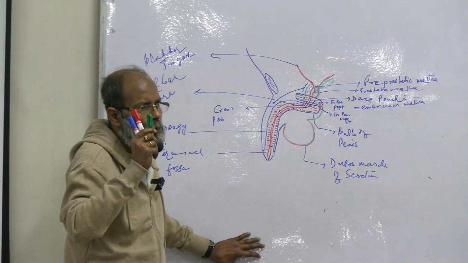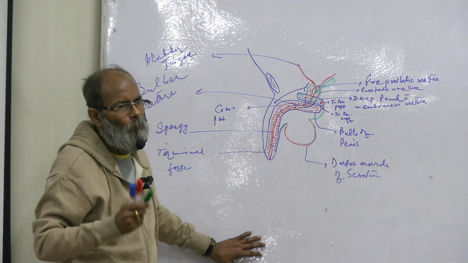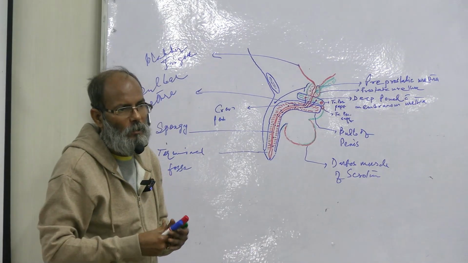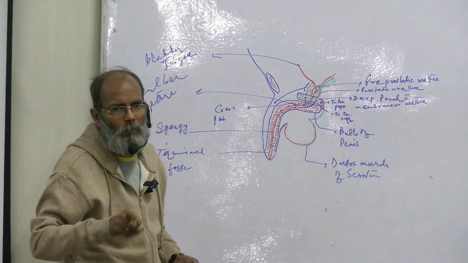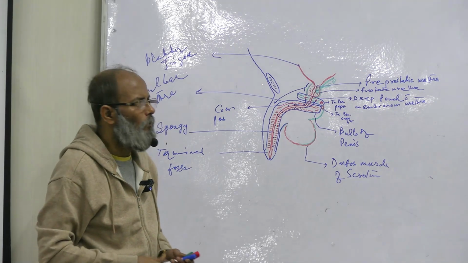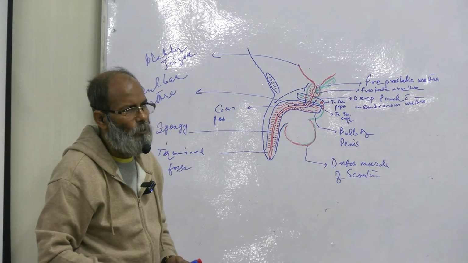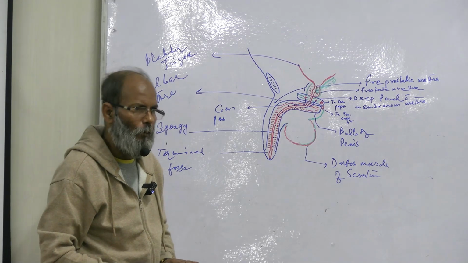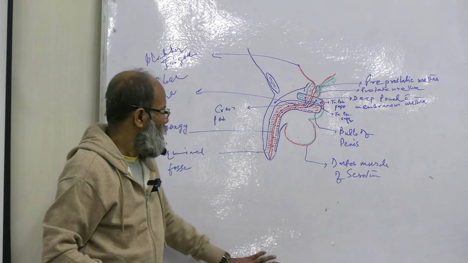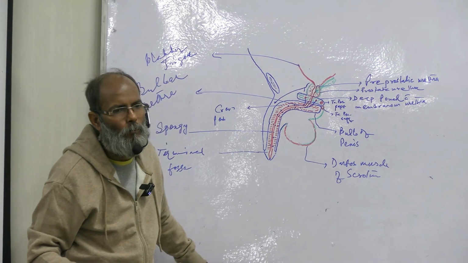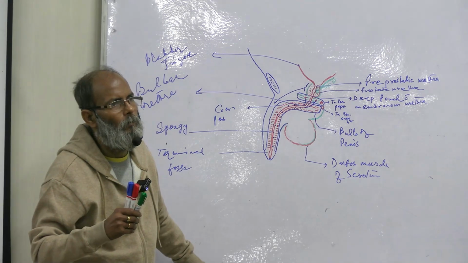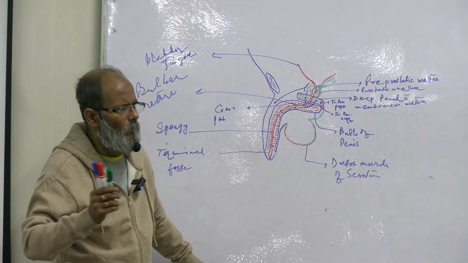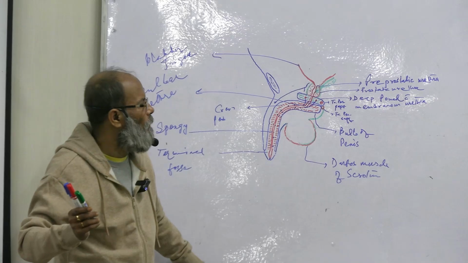Throughout the length of the spongy urethra, you will find some mucus recesses, created by the mucous membrane of the spongy urethra. Others are insignificant, not very much dilated.